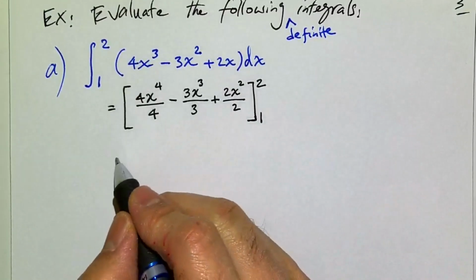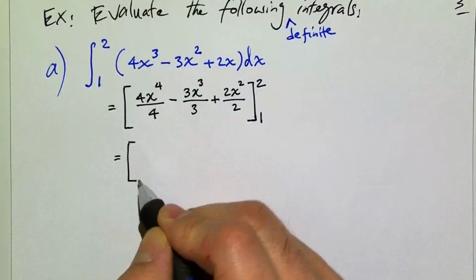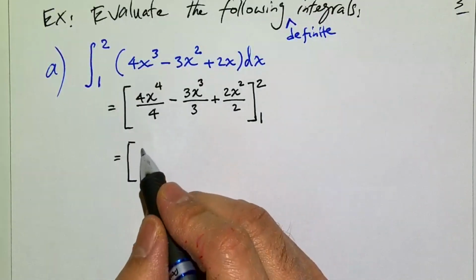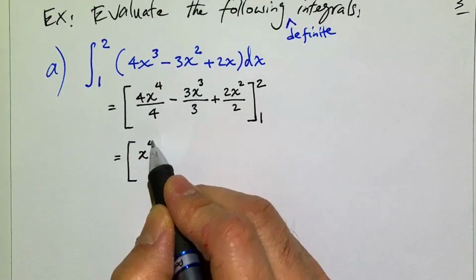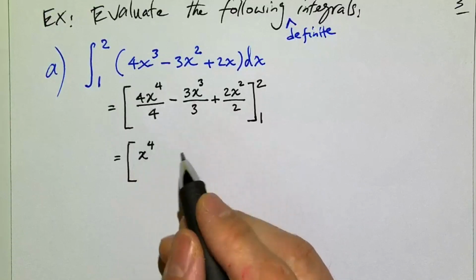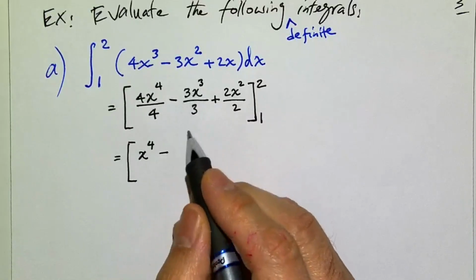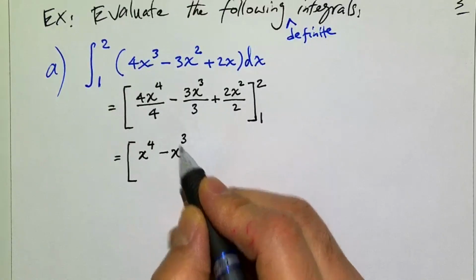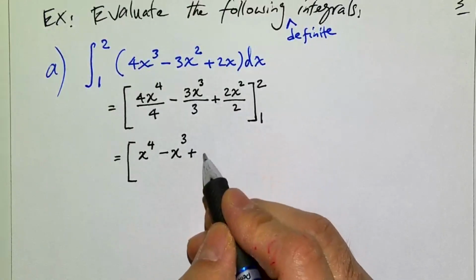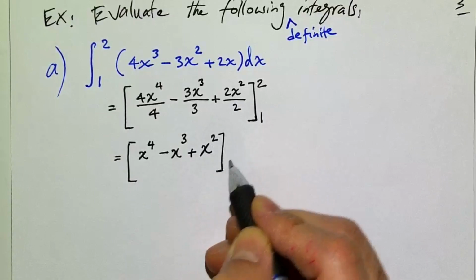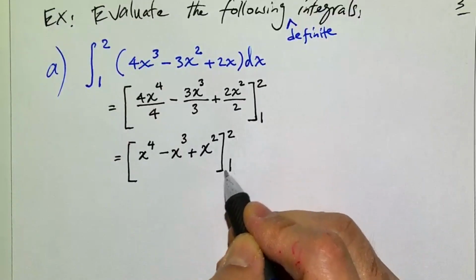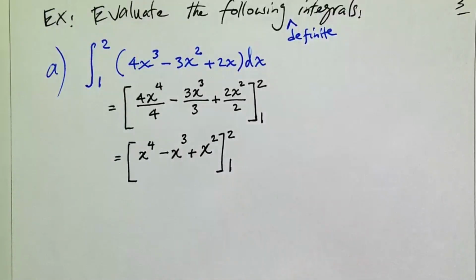And then let's simplify. Of course, we can simplify. So x to the 4th power, this and that cancel each other out. Minus 3's cancel out, we end up with x cubed. Plus the 2's cancel out, we end up with x squared. And going from the lower limit 1 to 2.